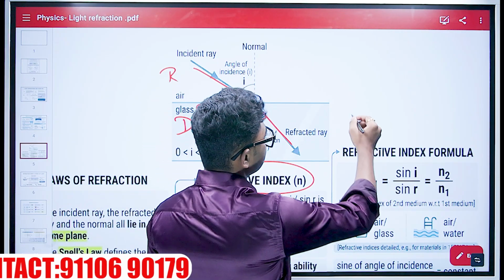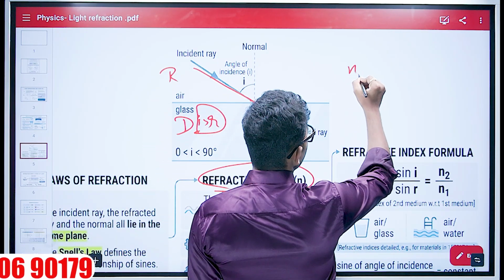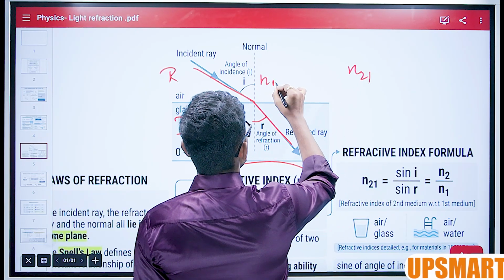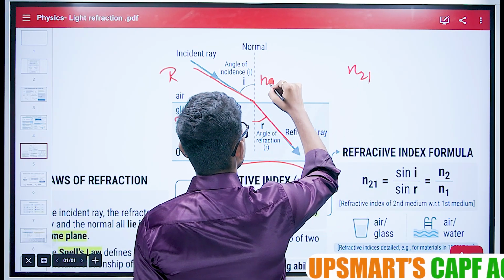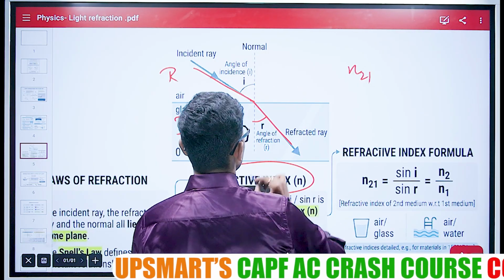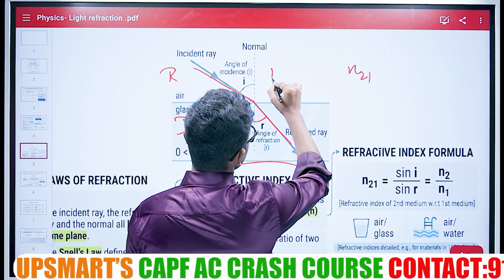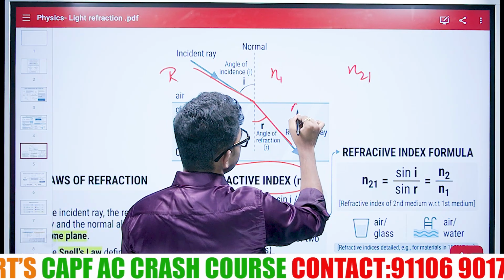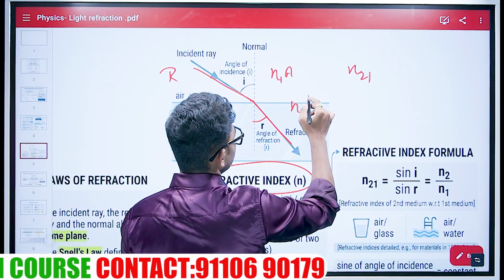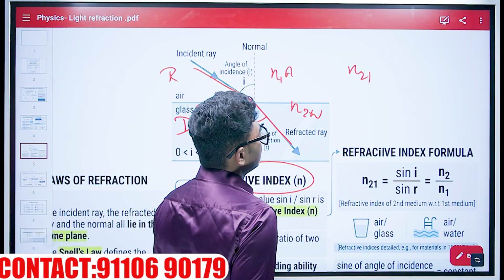What is refractive index? Refractive index from n to 1. This is n1 and this is n2. n1 is air, n2 is water.